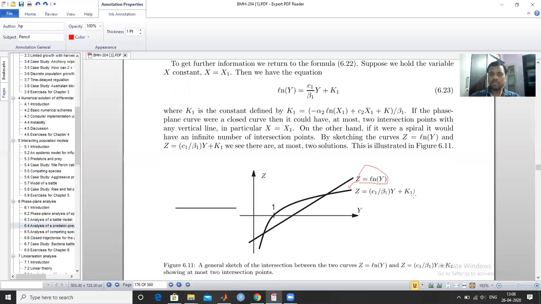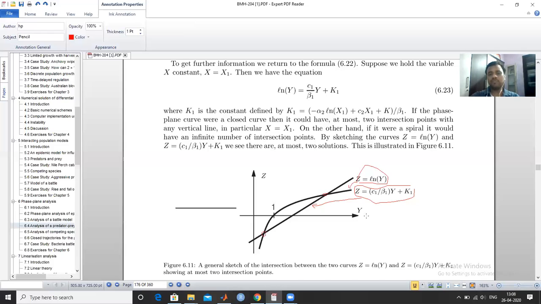This is a straight line. z is equal to some constant, means z is equal to mx plus c type, which represents a straight line. So interchange these, they are by misprint. So it represents this line. So the intersection points are this point and this point. So there are only two intersection points.